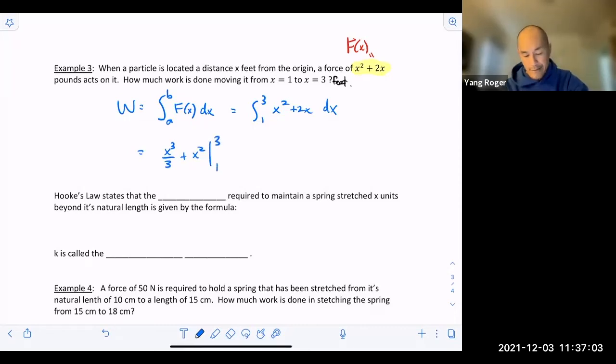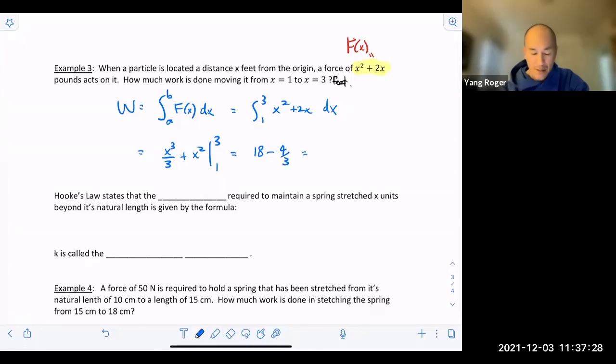When I plug that in, what do I get? I get 27 over 3, which is 9, plus 9, which is 18, minus 1/3 plus 1. 1/3 plus 1 is 4/3.